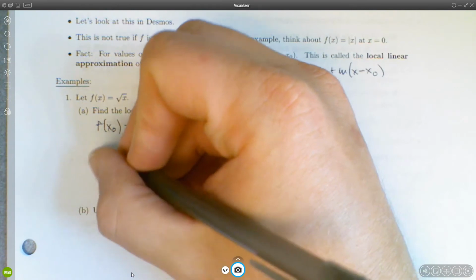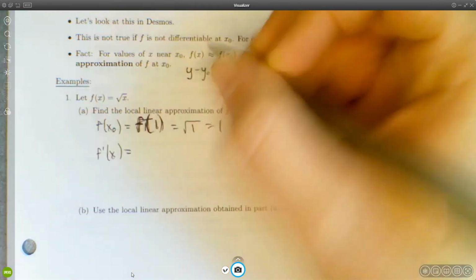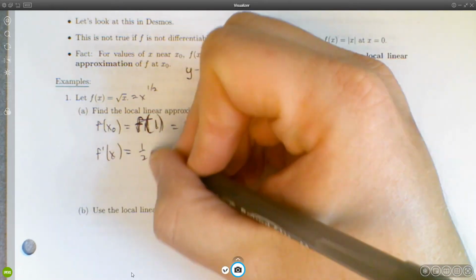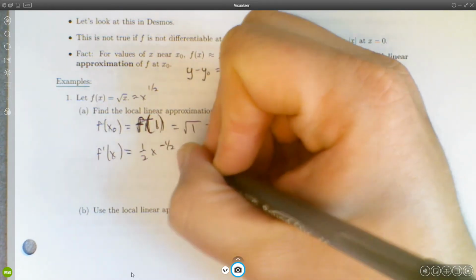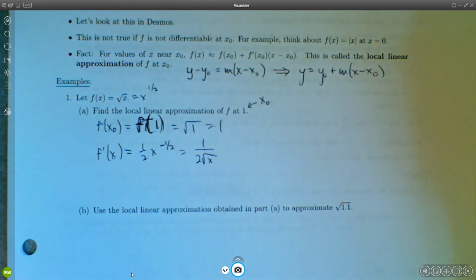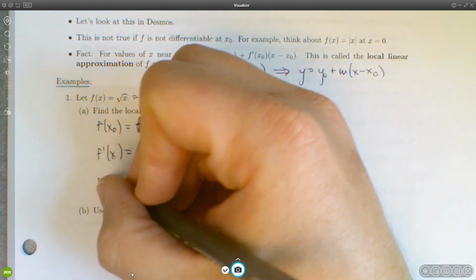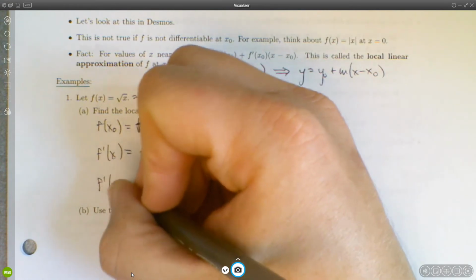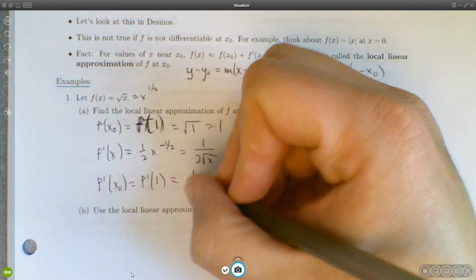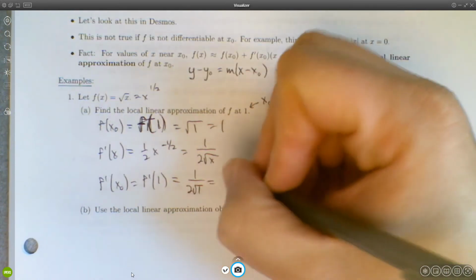Now f prime of x naught. So f prime of x, I'm thinking of this as x to the 1/2 power, so it's going to be 1/2 x to the negative 1/2, or in other words, 1 over 2 root x. So f prime of x naught, that's f prime of 1, which is 1 over 2 times the square root of 1, or 1/2.